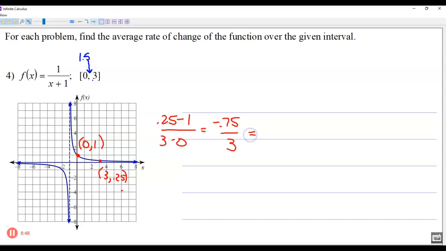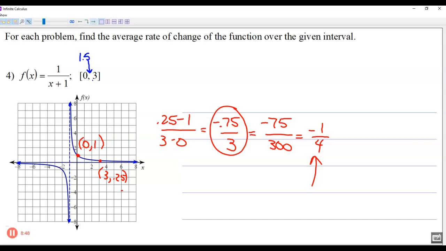Right. You could multiply these by 100 to get rid of the decimal and say, okay, that's negative 75 over 300, and then if you reduce that. But really, this is fine. I'm totally fine with that answer. The AP test would be totally fine with that answer as well. If it's multiple choice, they would probably put this, so you'd have to know how to work your way there. And in a free response, you could just leave it.